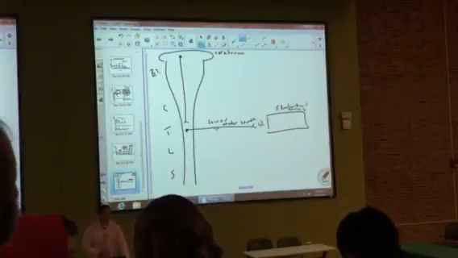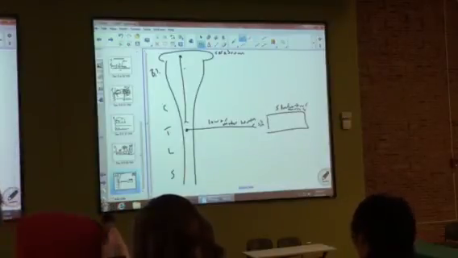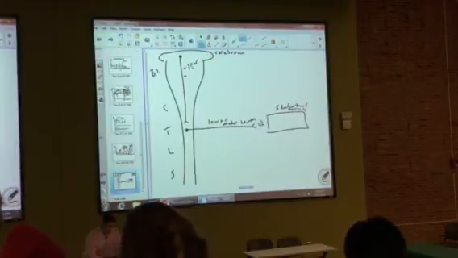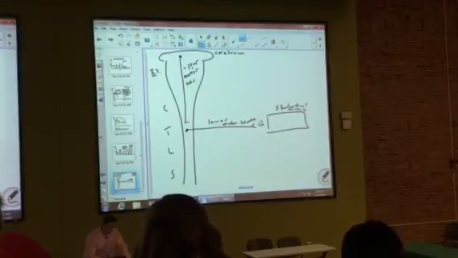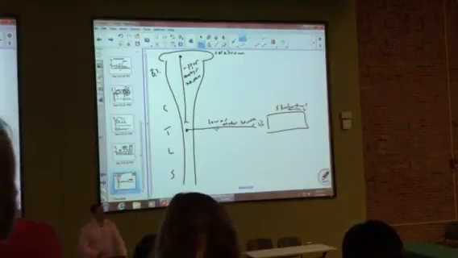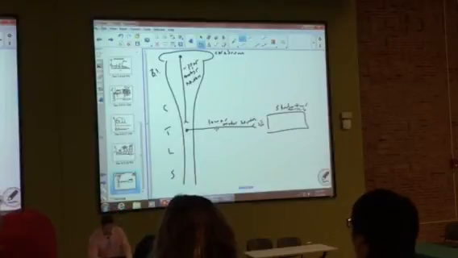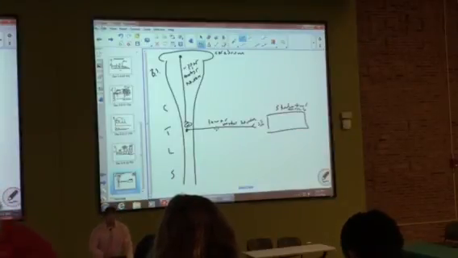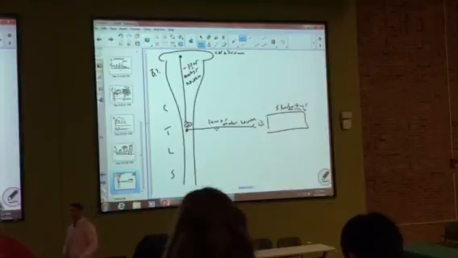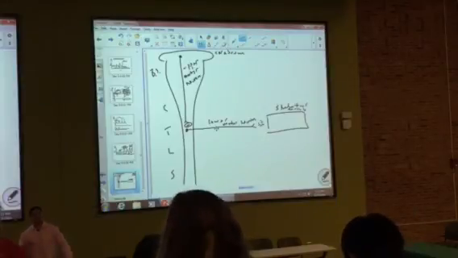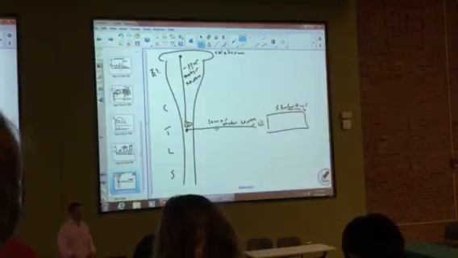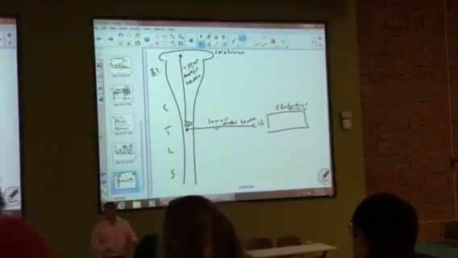That's going to synapse with the lower motor neuron. So this is an upper motor neuron. An upper motor neuron synapses with the lower motor neuron, and it has an inhibitory input, by the way. Okay? It inhibits it. It doesn't allow it to release as much acetylcholine as if it weren't there. All right?